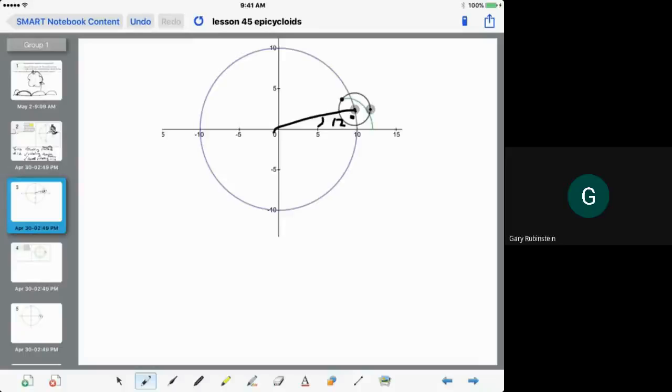Now t is going to go from 0 to 360. And t is going to be measuring this angle here, the angle that the center of the floating circle is making with the horizontal line there. So if this is 12 degrees, this angle here would be 120 degrees.